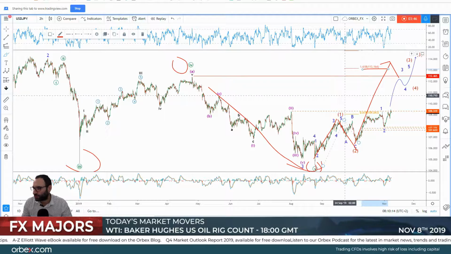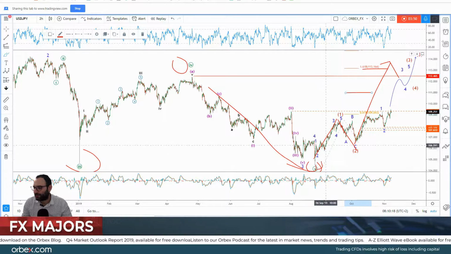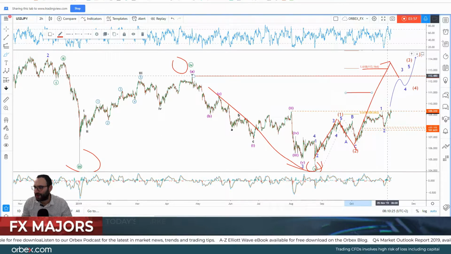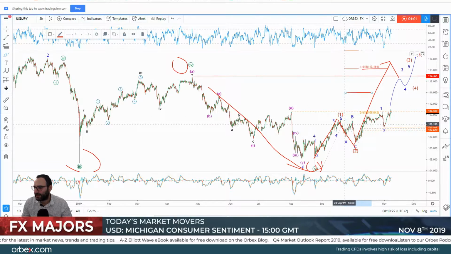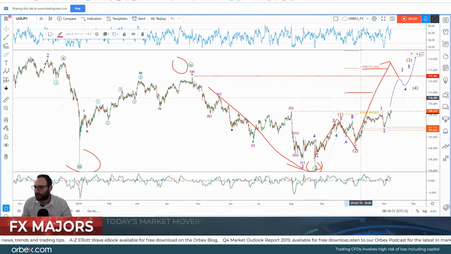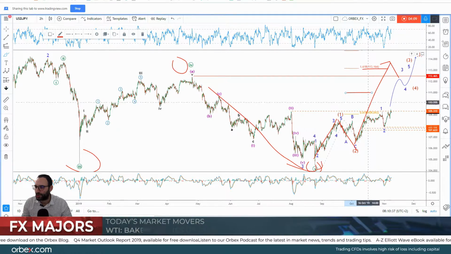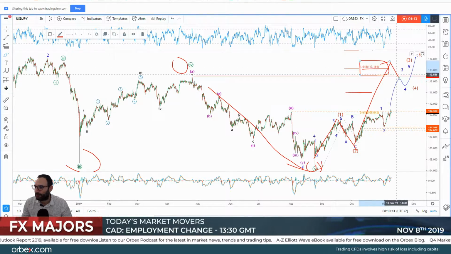Some would say up to 110 or so, which is the 100 Fibonacci extension, but that would be very small of a wave 3. So assuming that wave 5 would also be small, like 61.8%, and this one is already bigger than that, that would make wave 3 smaller than wave 5 and 1. So I think this is going to be a wave 3 ending around 113 or so.